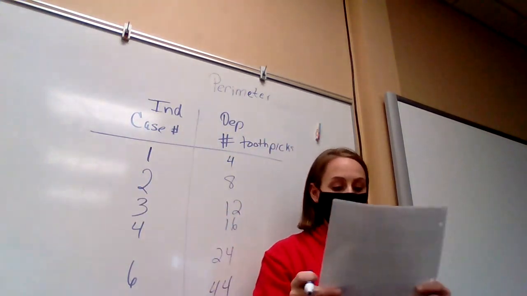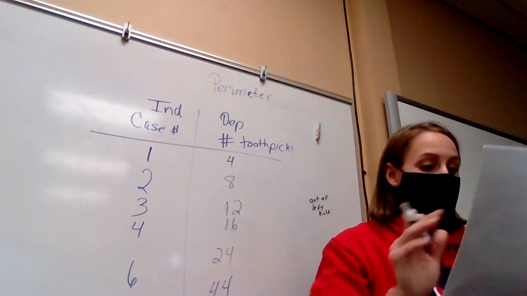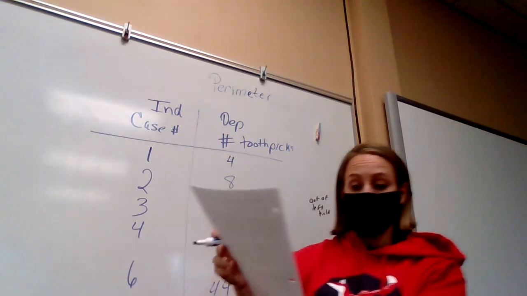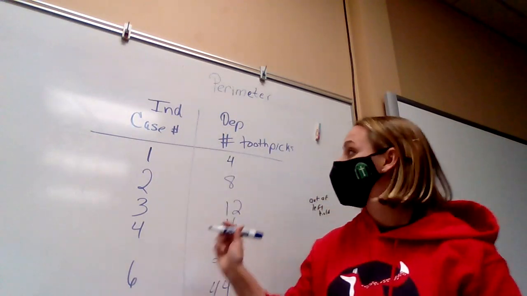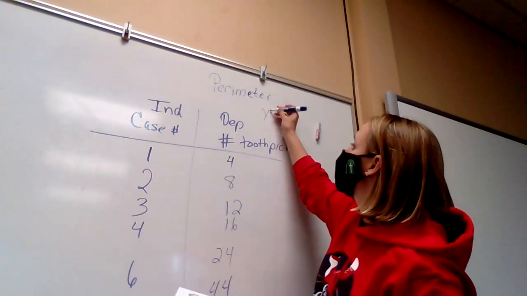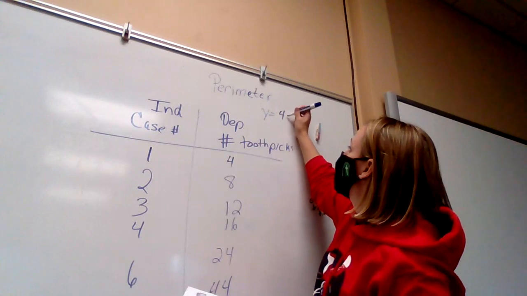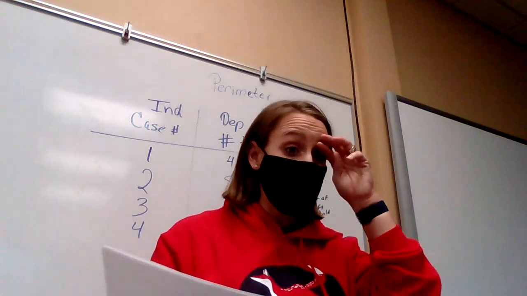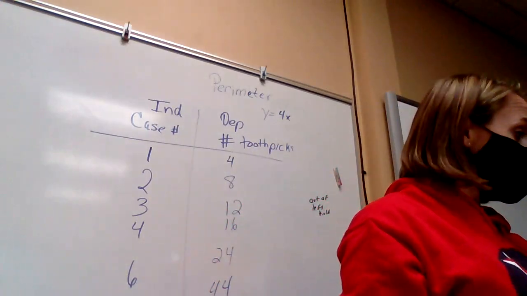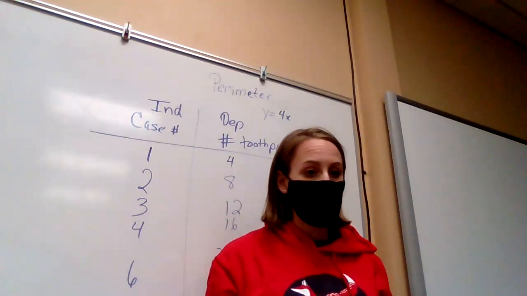Yes. So, on the side between the T-chart and the graph, I want you to write the equation for this, which would be y equals 4x. Write that down somewhere on the paper around there.